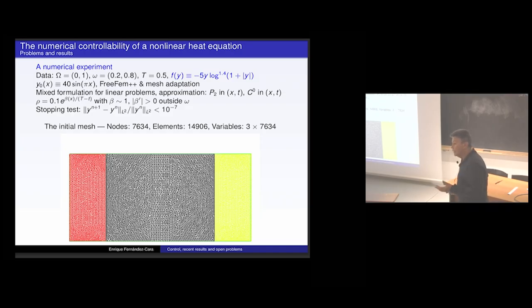So this is a weakly superlinear problem, but in bad conditions. Anyway, I'm going to show that we have been able to solve the control problem. Okay, this is the mesh, this is space, and this is time, and the control region is this one. This is the number of nodes, number of elements, etc.